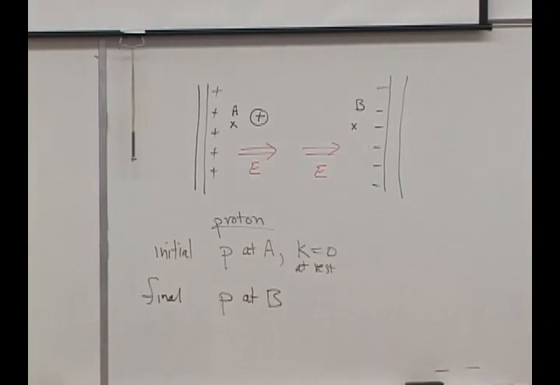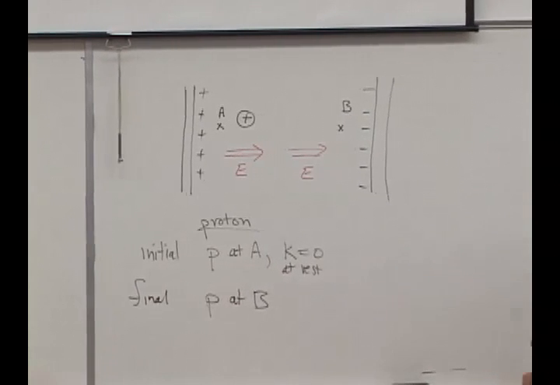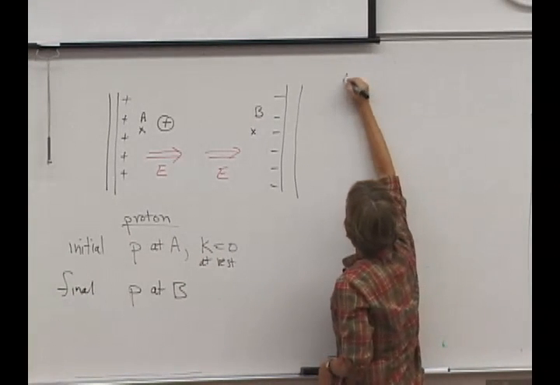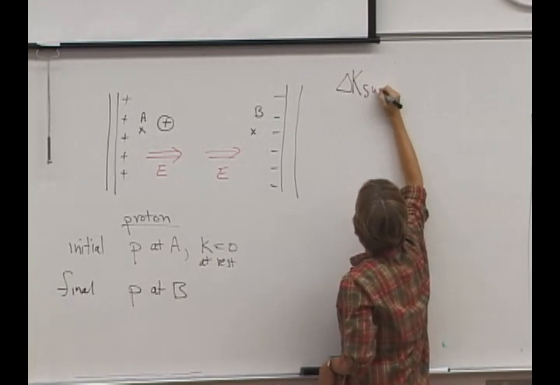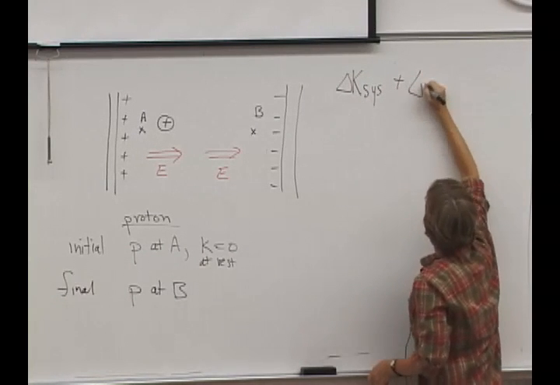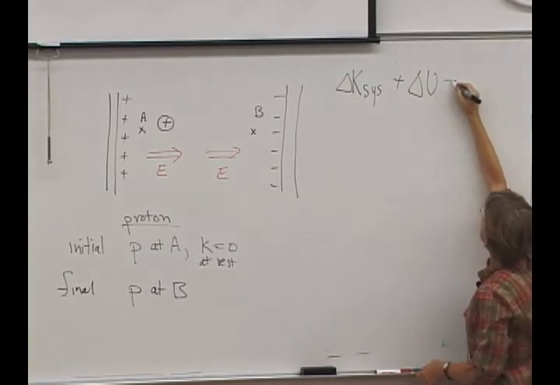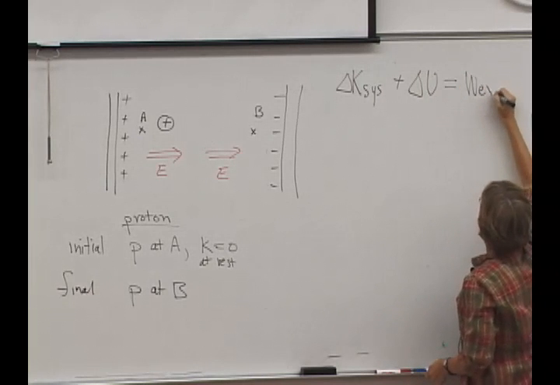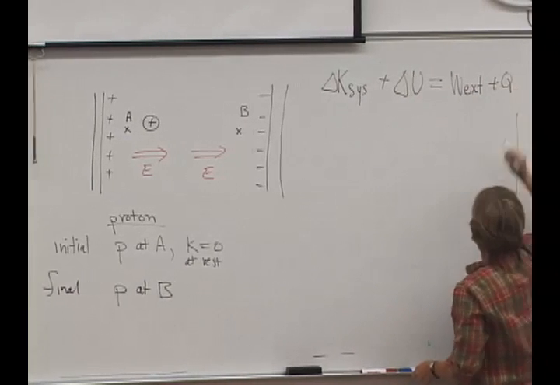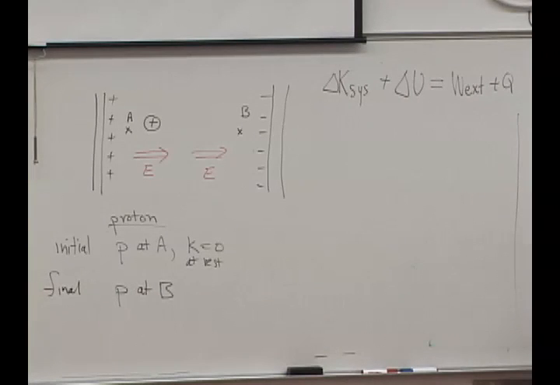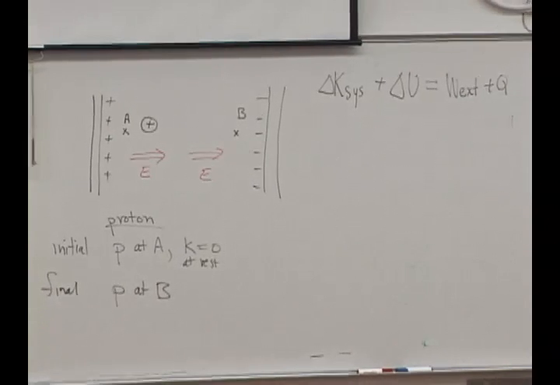And we want to explore what this energy equation means. So let's write it up here again. The change in kinetic energy of the system plus the change in potential energy of the system is equal to the external work plus the energy transferred thermally into the system. And to make it an interesting system, we're going to take everything as our system.